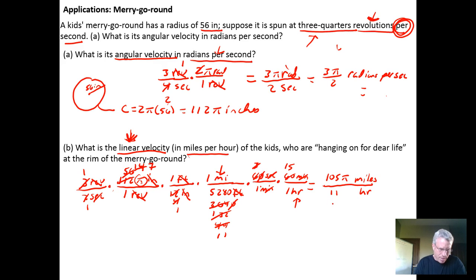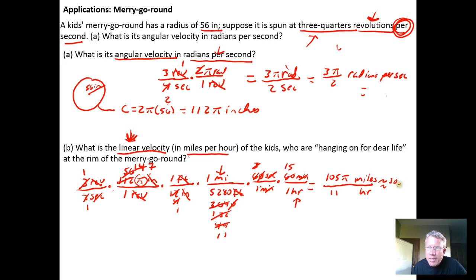And it might be interesting to get an approximation for that using the calculator. It's 105 times pi, and we're dividing by 11, which is giving us 30 miles per hour, which I don't like.